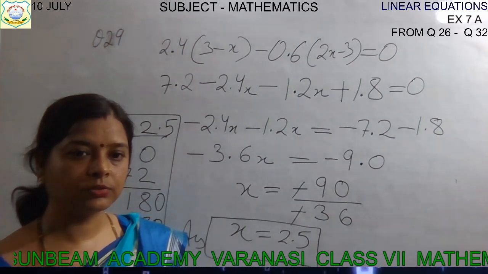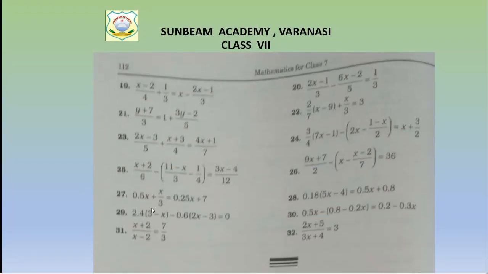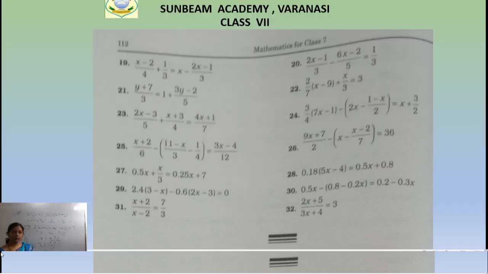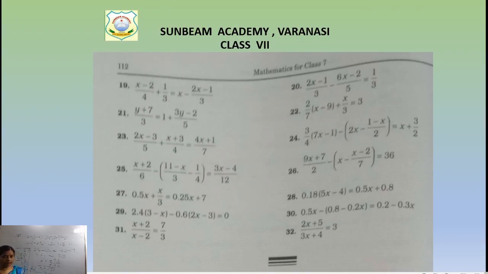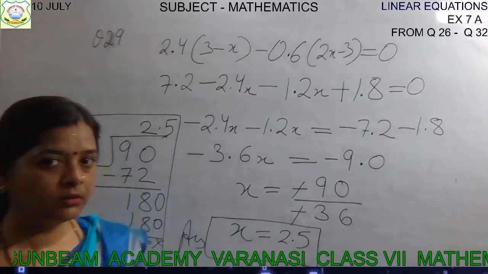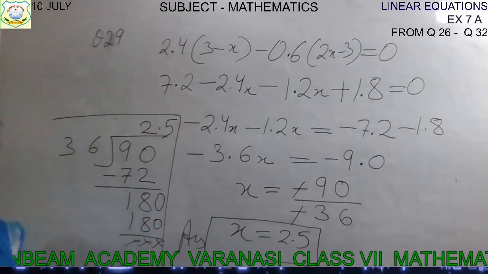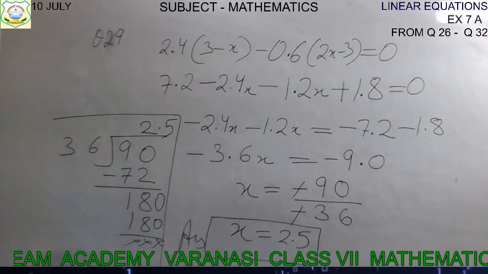Let's see the next question. Next question is question number 31. Write down in your notebook. I am also writing down on my board. You wanted to see this question? Let's see this question again first. Question number 29.